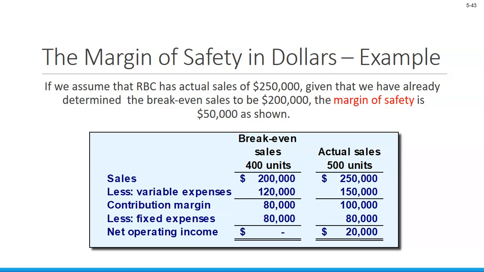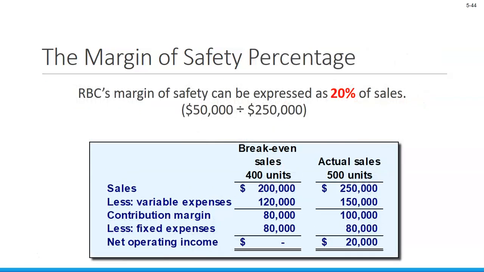So if our sales dollars drop by 50,000, then we're going to have $0. So when we look at what that margin of safety is, we see that the 50,000 divided by our total sales of 250,000 results in 20%. So we know that our margin of safety is 20% of sales.